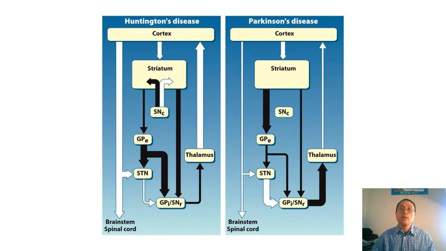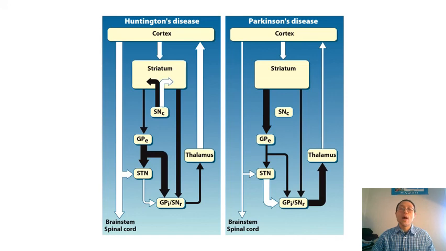Now in Huntington's disease, the inhibitory projection along the indirect pathway from the striatum to the external segment of the globus pallidus is reduced. So the net consequence is reduced inhibitory output from the globus pallidus, and thus increased cortical excitation and movement.